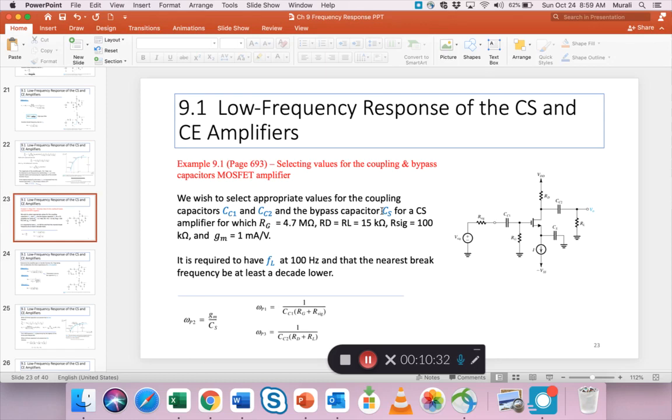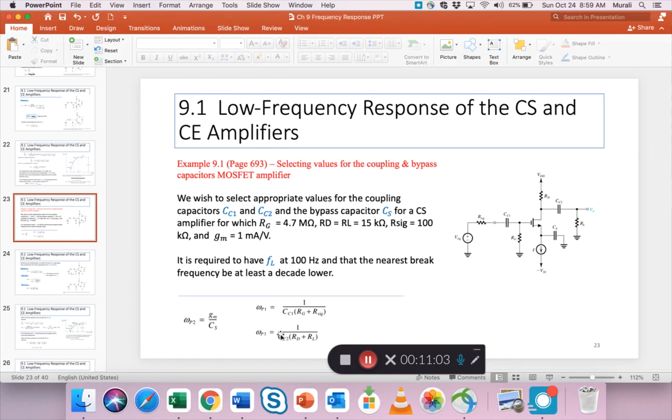All right. So with all that, here are the three important relationships that you have to use. For the first break frequency due to CC1, this is the formula. I just copied it from the material we just covered. Obviously, this CC1 relies on the resistances close to it, which are our signal source and our RG, the gate bias resistance.